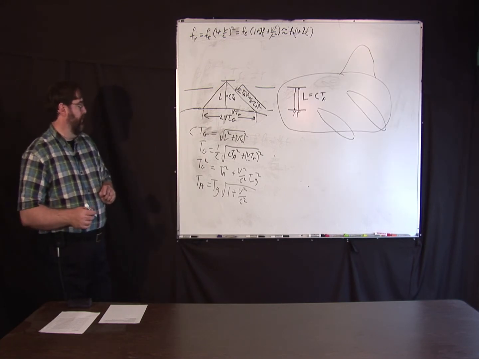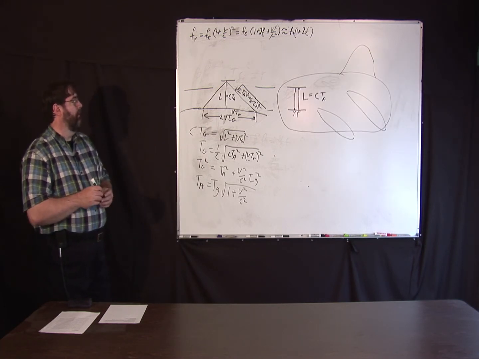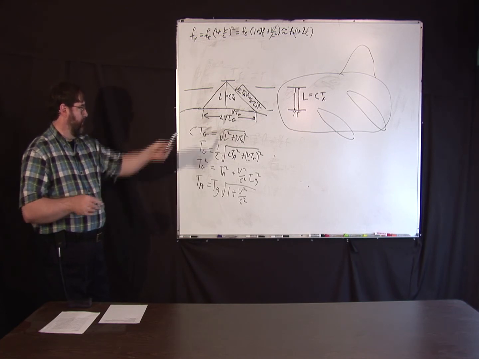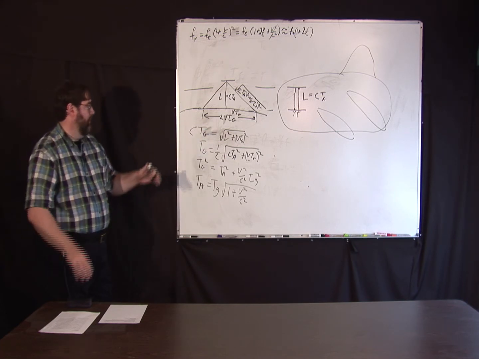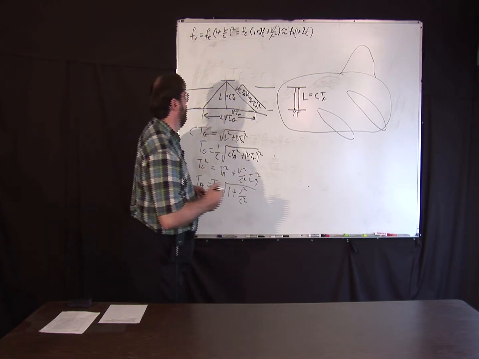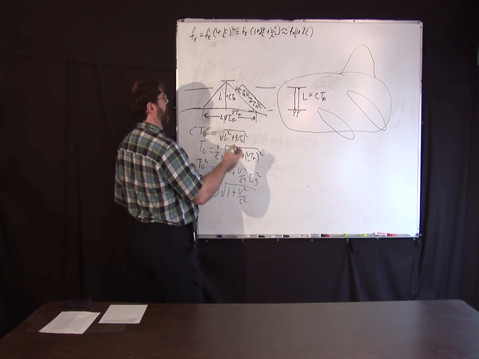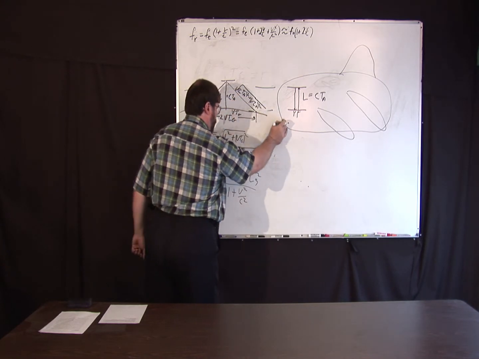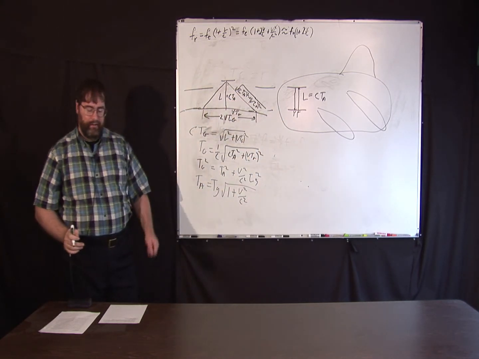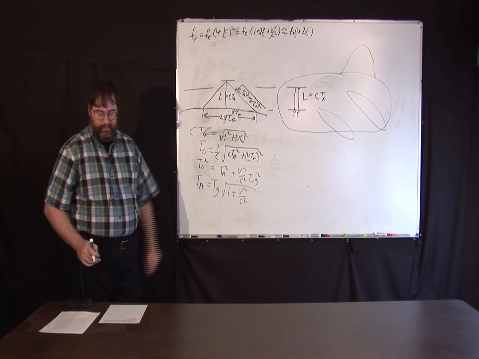You say, what does that do for the frequency that's emitted at the airplane? Well, you now have a situation where the frequency seen at the airplane is different by this factor.